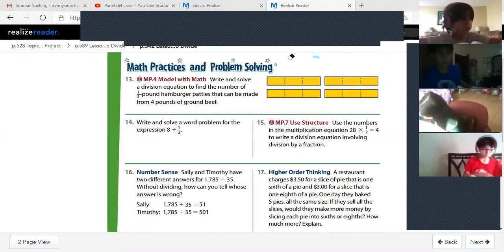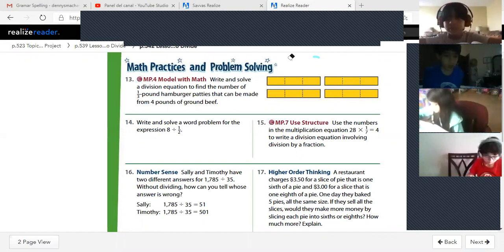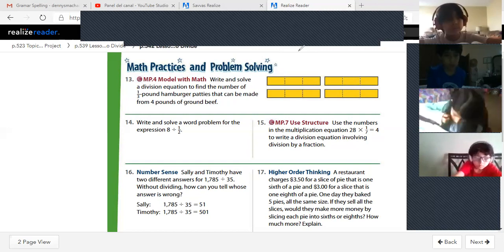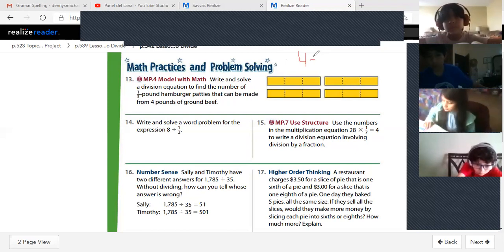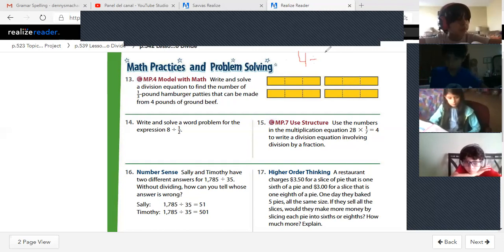Would you please tell me the answer? Oh, the representation. How many wholes do we have? 4. Yes or no? And then divided into how many? 1 over what? 1/3.